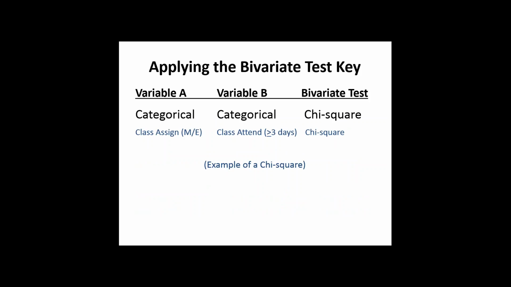Now, don't forget that last one we mentioned. If you have 2 categorical variables, now this is going to be for the second part of our analysis, such as class assignment, morning or evening, and did you go to class at least 3 days a week, yes or no, both categorical, then you do a chi-square, and that'll be later on.